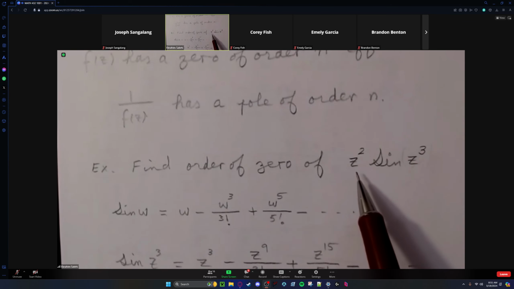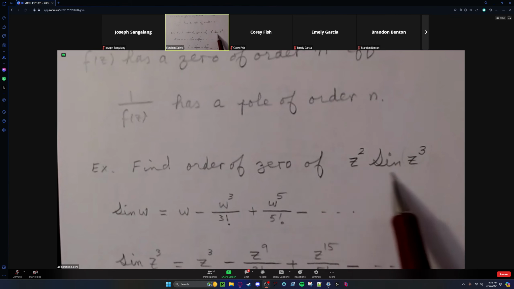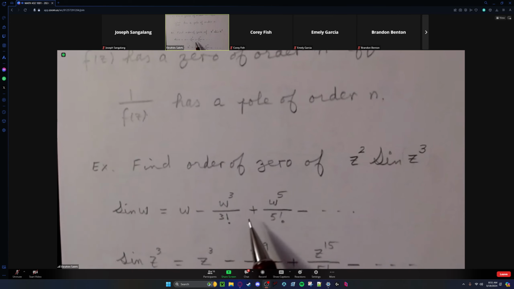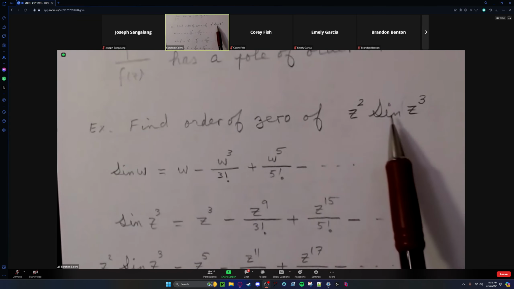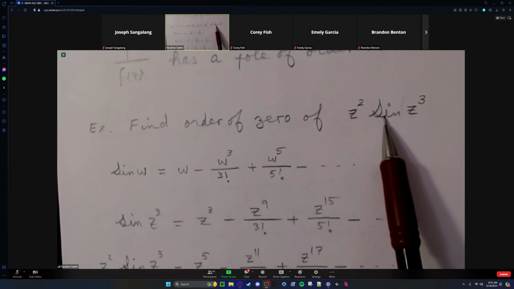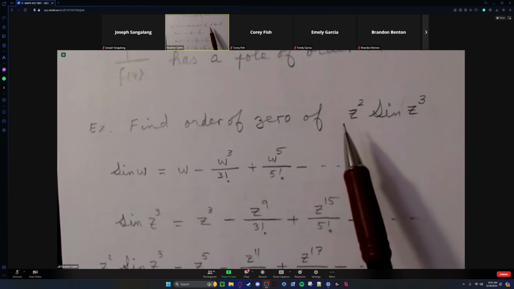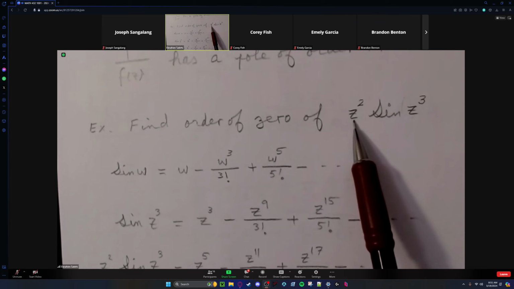Of course, this is 0 when you let z be 0. But the question is, what is the order of this 0? You go ahead and write the power series of sine z cubed, which is this one, multiplied by z squared.